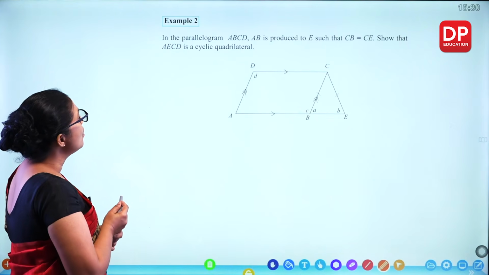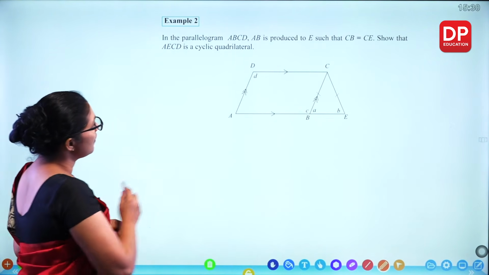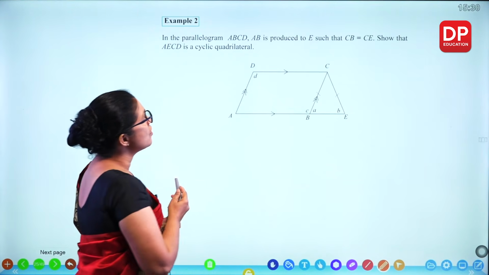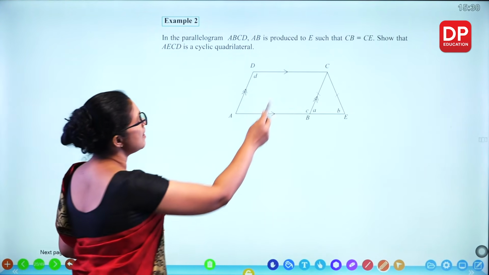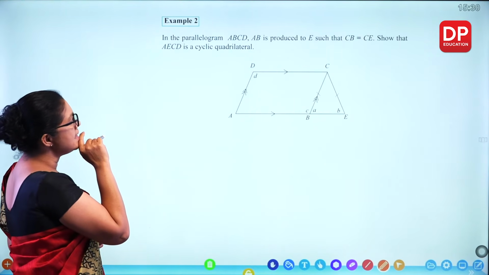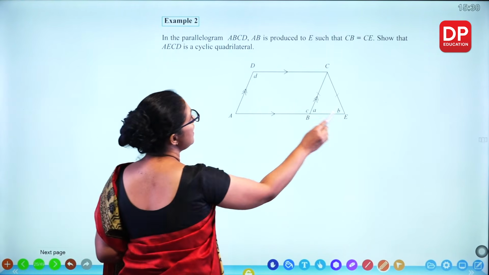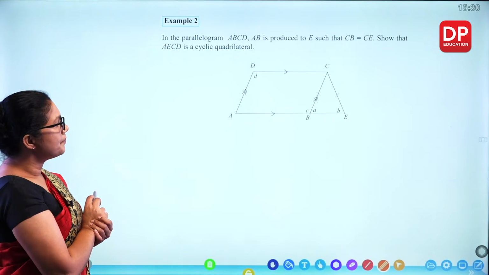Example number 2. In the parallelogram ABCD, AB produced to E such that CB is equal to CE. Show that AECD is a cyclic quadrilateral.